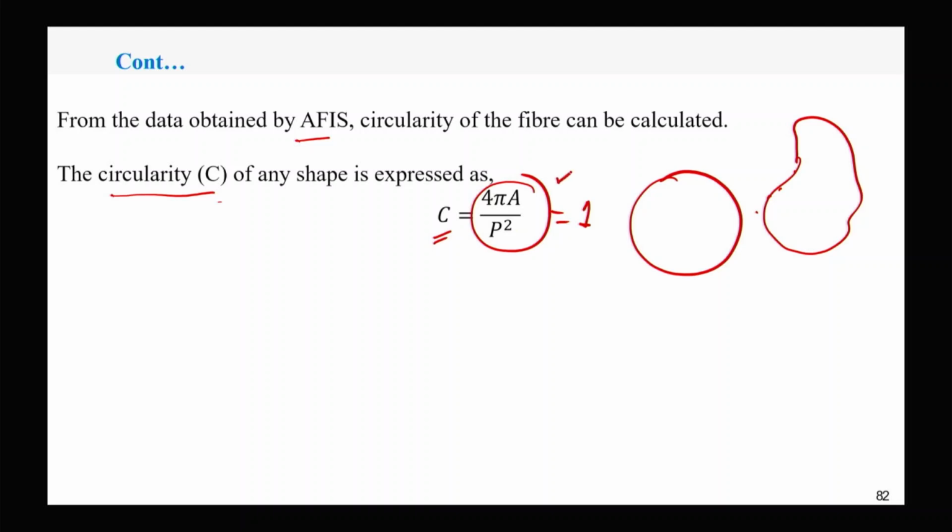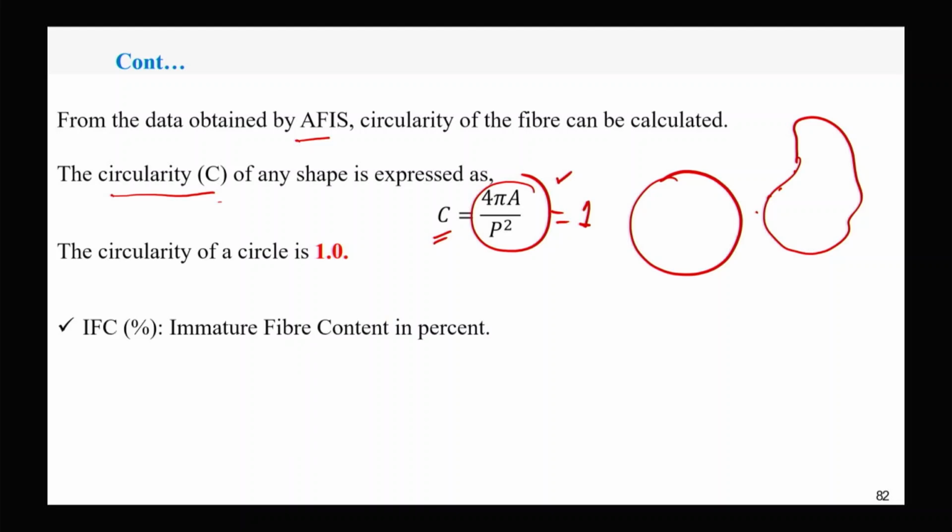If the circularity is less than a certain value, we will call it an immature fiber. So the immature fiber content in percent is the percent of fibers with circularity less than 0.25.